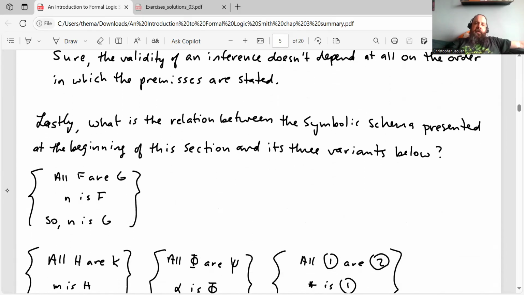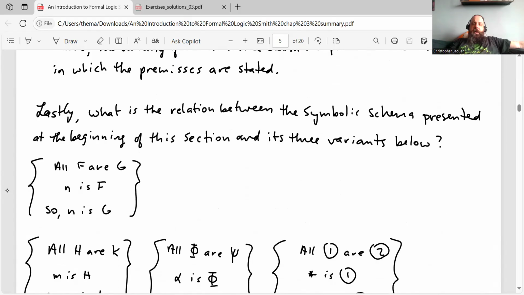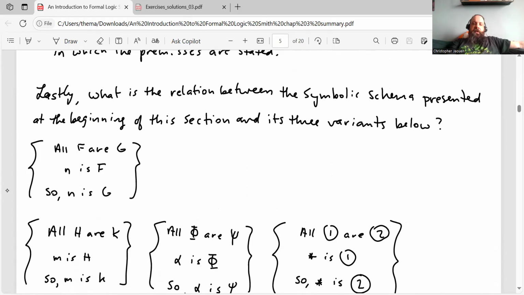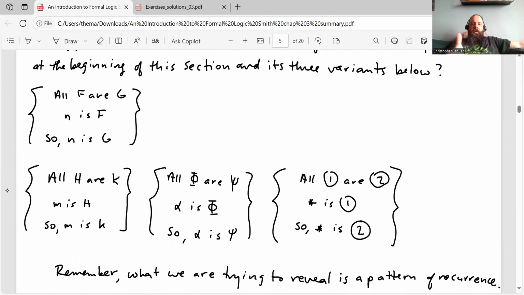All right, lastly, what is the relation between the symbolic schema presented at the beginning of this section and its three variants below? They're all the same schema, just with the variables changed out. So they're all sort of saying the same thing, if you want to think about it like that. The only difference is in the representation, not in the form of inference that they're specifying.